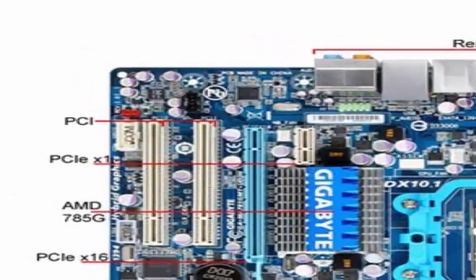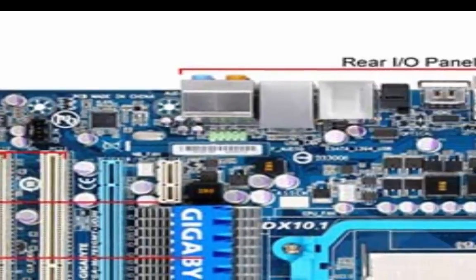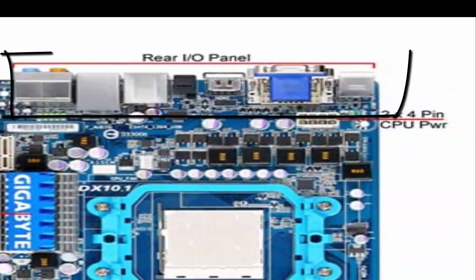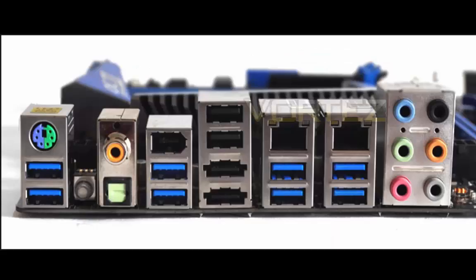And if you go at the back of the motherboard, you will find the rear I/O panel. That is just where your connections are. Audio in, audio out, USBs, Ethernet, etc, etc. So this is basically the rear I/O ports.